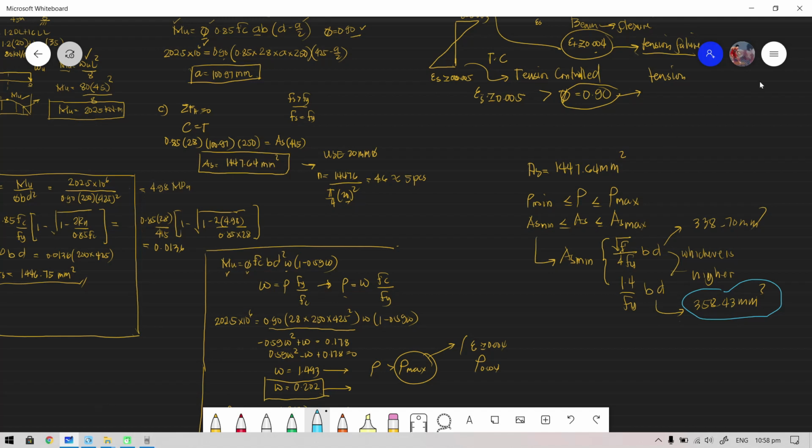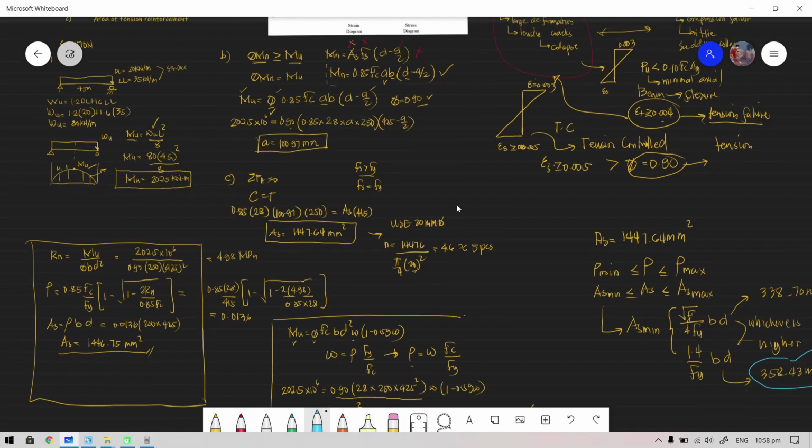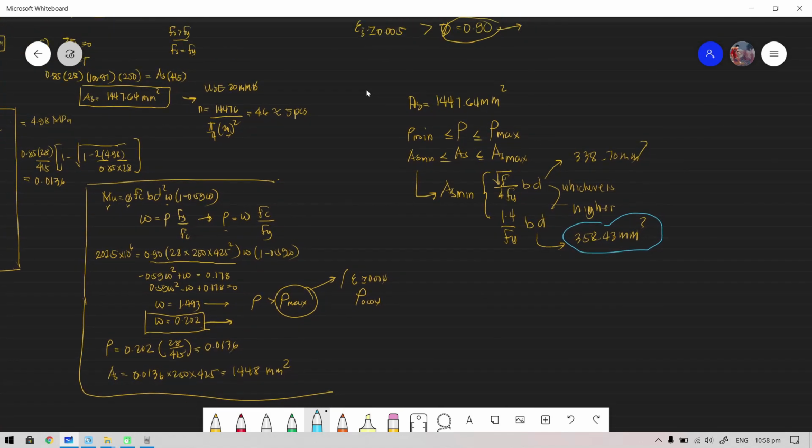How about yung rho max? Since we set our reduction factor to 0.9, ang AS max natin is kung saan yung ES is greater than or equal to 0.005. Ito kasing maximum strain when ang factor natin is 0.9.